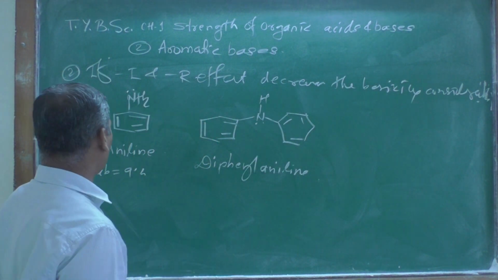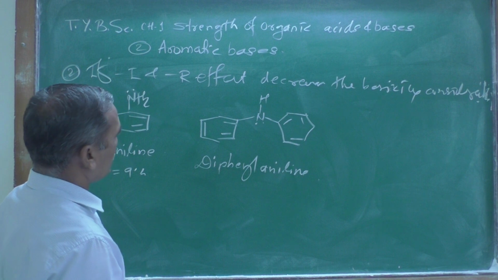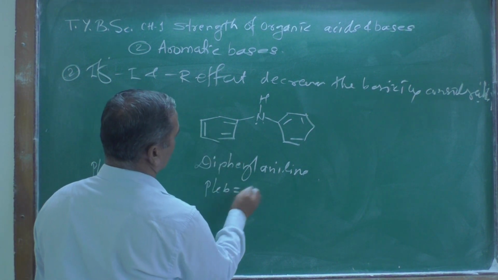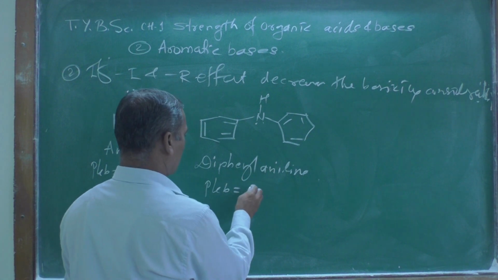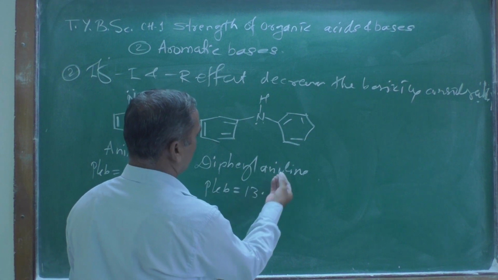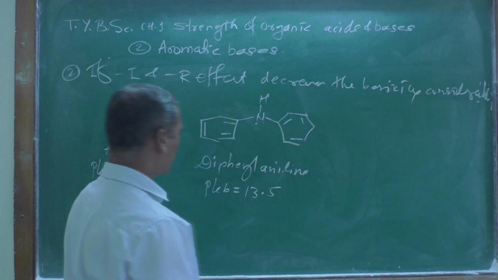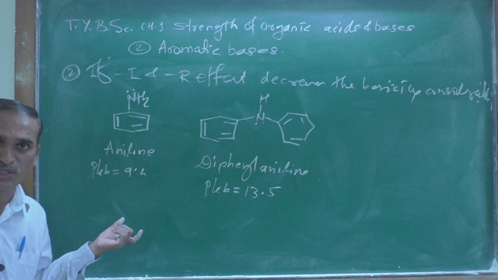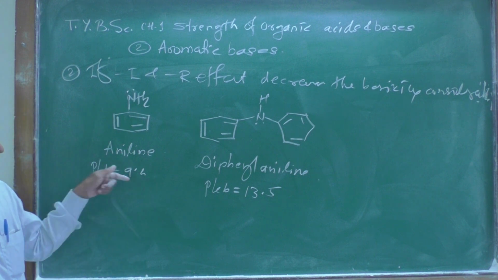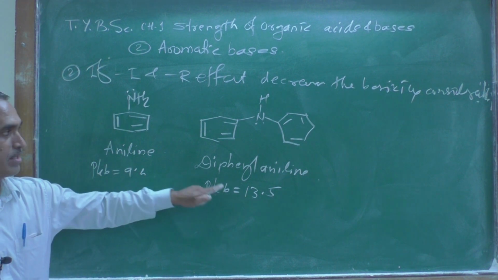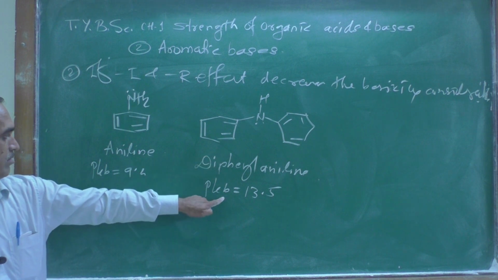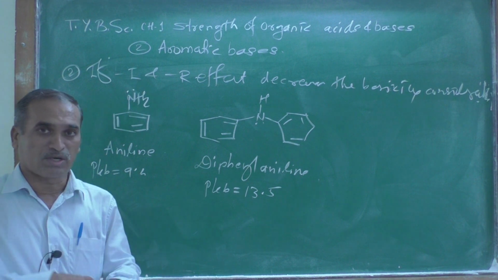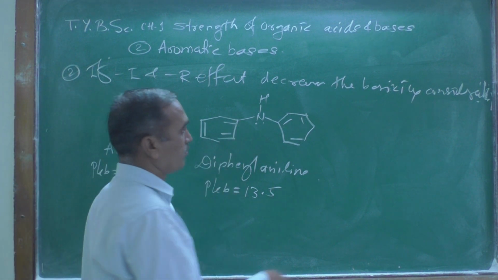The pKb value goes on increasing. The pKb value is nearly found to be 13 point something, roughly, you can remember. As the pKb value increases, the basicity goes on decreasing. This one has a lower pKb, this one is greater, so this one is less basic as compared to the other one, because there is a steric effect involved here.